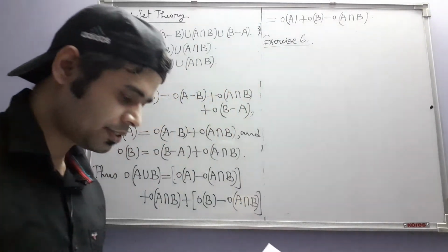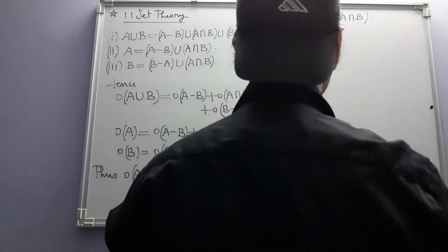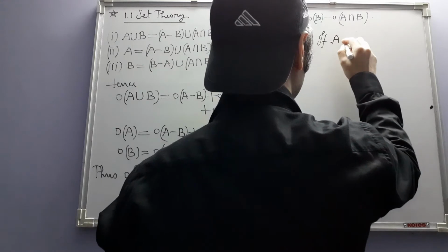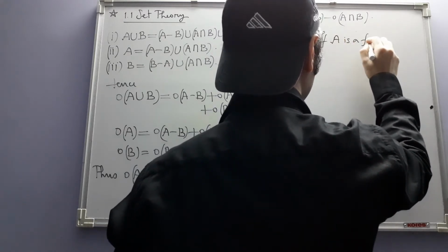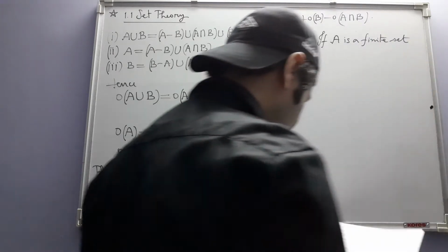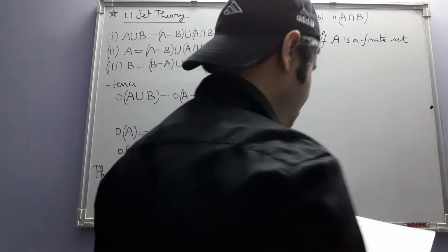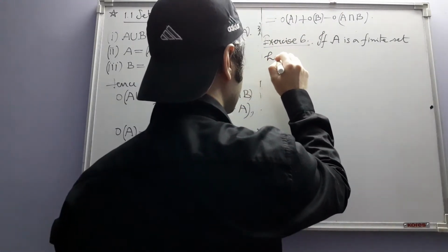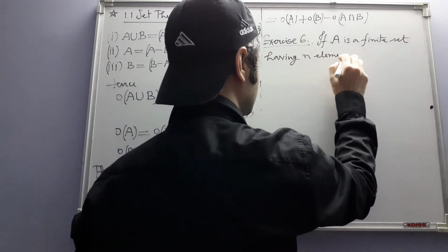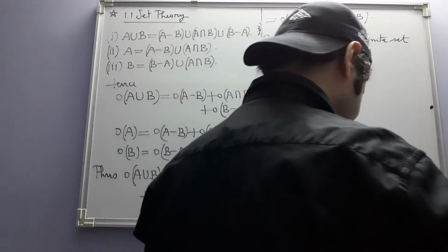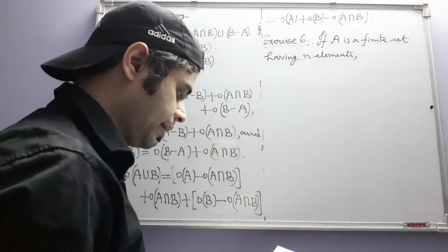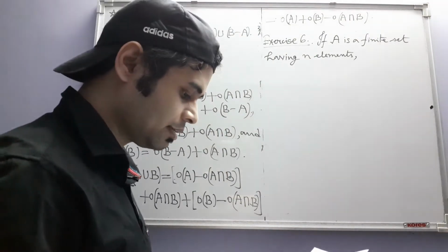So now exercise 6. If A is a finite set having n elements, then we have to prove that A has exactly 2 to the power n distinct subsets.